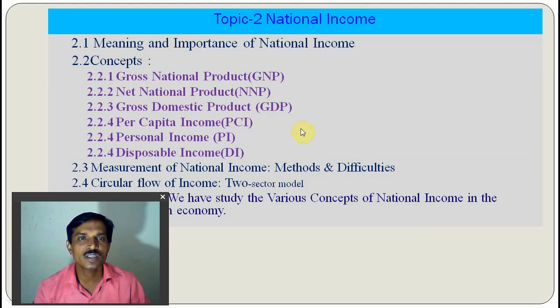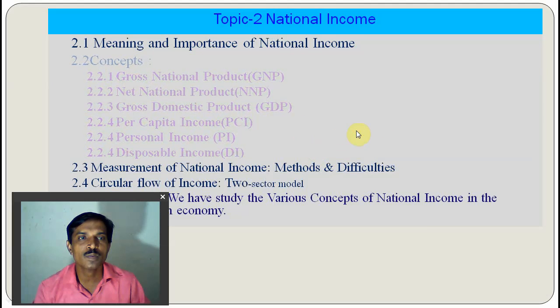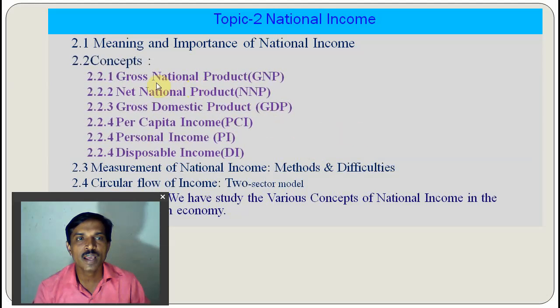Today we discuss some concepts of national income, like the gross national product GNP, net national product NNP, the gross domestic product GDP, per capita income PCI, personal income PI, and disposable income. These points we discuss in today's lecture.